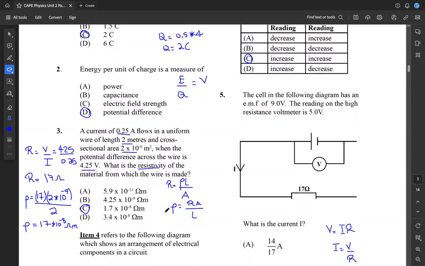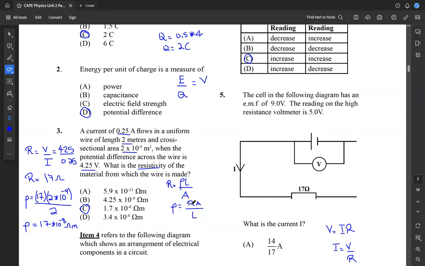So we know we're immediately going to pull for our resistivity formula, which can be related to the resistance: resistance is equal to rho, which is our resistivity, times the length of that wire divided by the cross-sectional area of that wire. So when we get this formula, we just rearrange, making resistivity our subject. And so we end up with the resistivity being equal to RA divided by L. So all we have to do is plug in our values here.